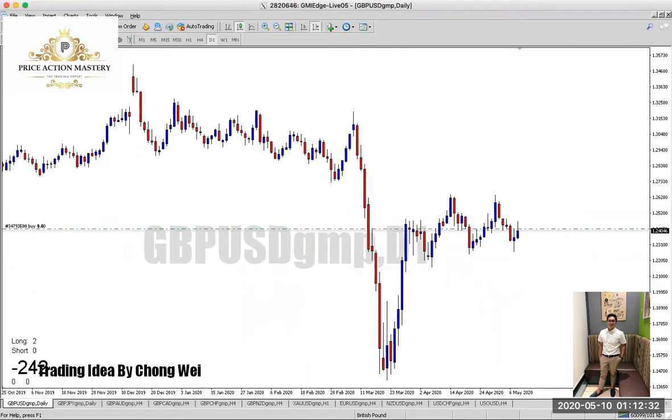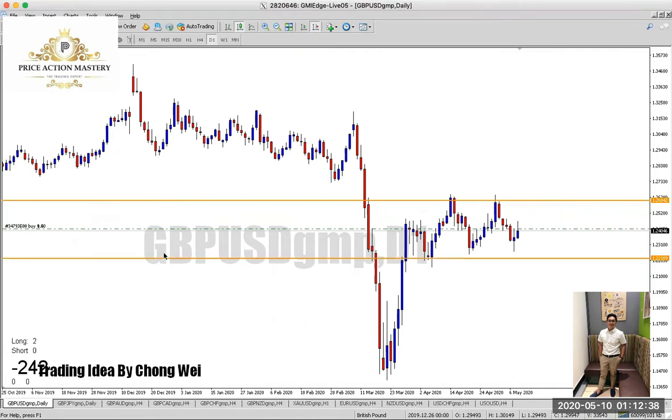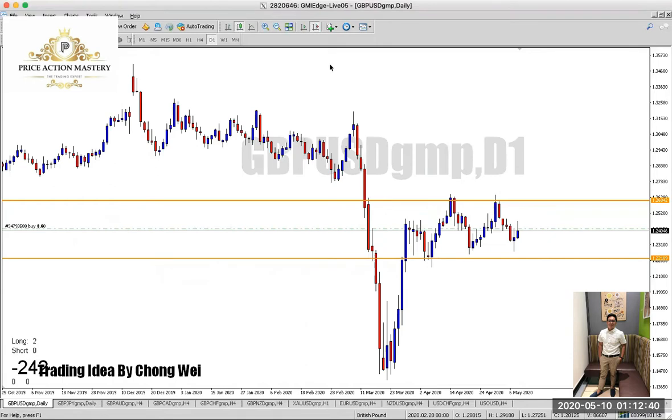Basically GBP USD overall is also in a range, but in an uptrend range, because from day one there is this high, low, higher high, and then this is our higher low area. So basically the market is still in an uptrend.